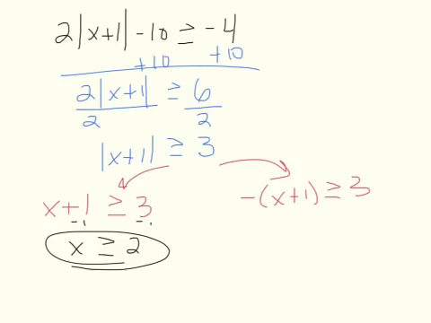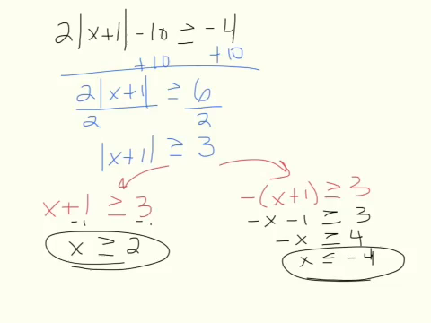And on the right, you can, again, distribute that negative 1, or you can divide by negative 1 first. And I get x is less than or equal to negative 4. Okay, so x has to be greater than or equal to 2, or less than or equal to negative 4.